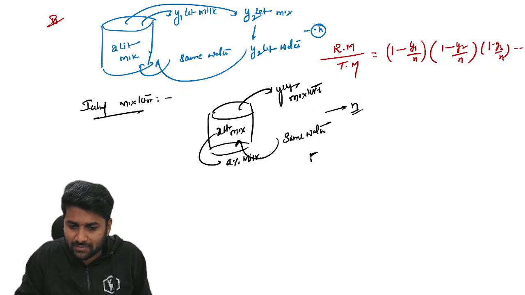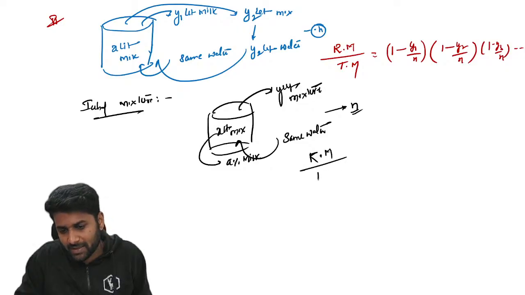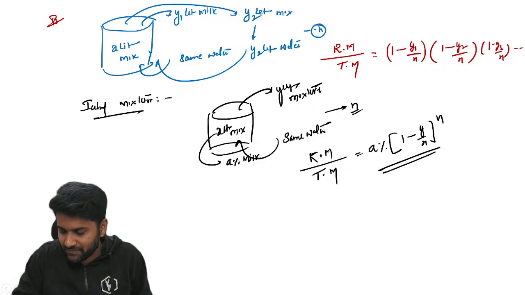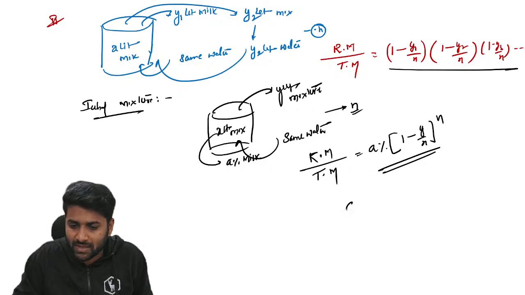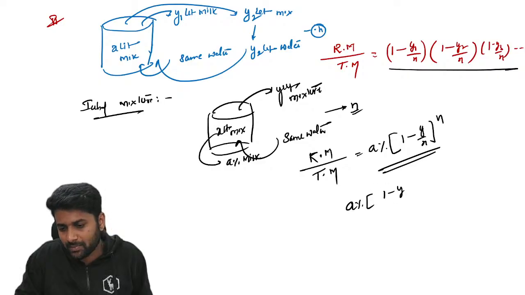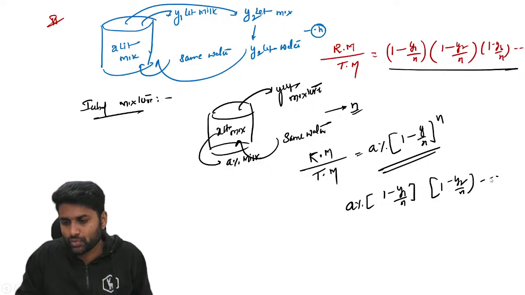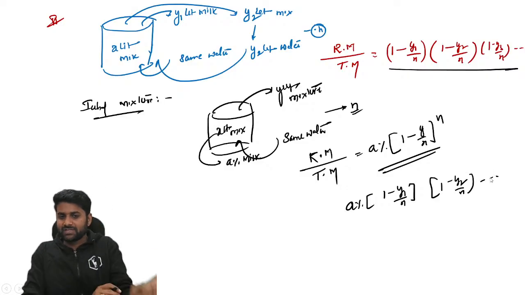So how much remaining milk is available? Remaining milk by total milk is equal to A percentage, whatever the pure concentration is, times 1 minus Y by X, and this step is repeated n times. If it is a different quantity, same formula: A percentage times 1 minus Y1 by X, 1 minus Y2 by X, and so on.